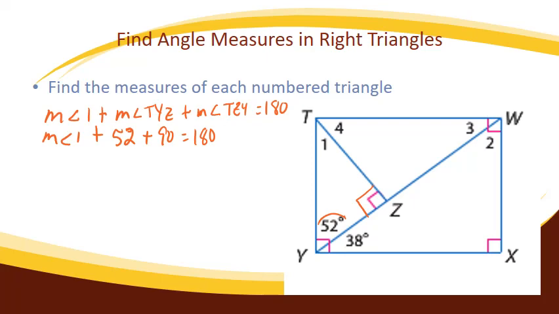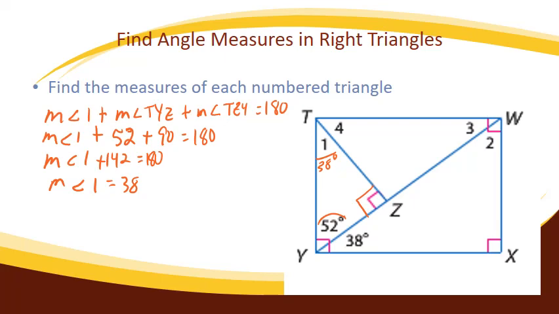Let's see, 52 and 90 is 142, so the measure of angle 1 plus 142 equals 180. Then we're going to subtract 142 from both sides, and when we do, the measure of angle 1 is 38. All right, so this one's 38.